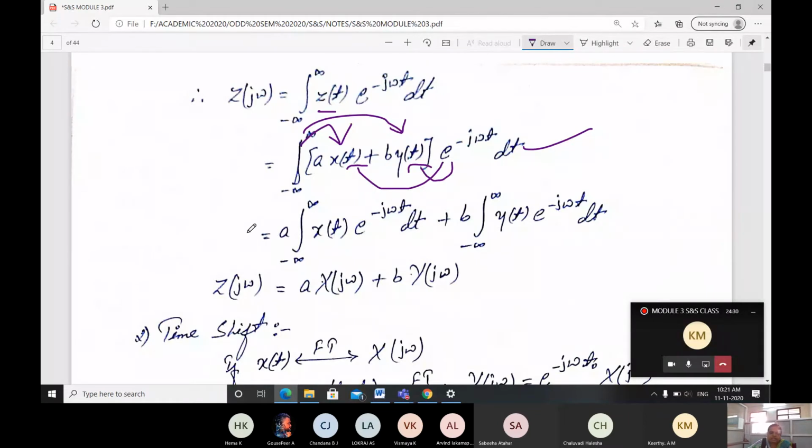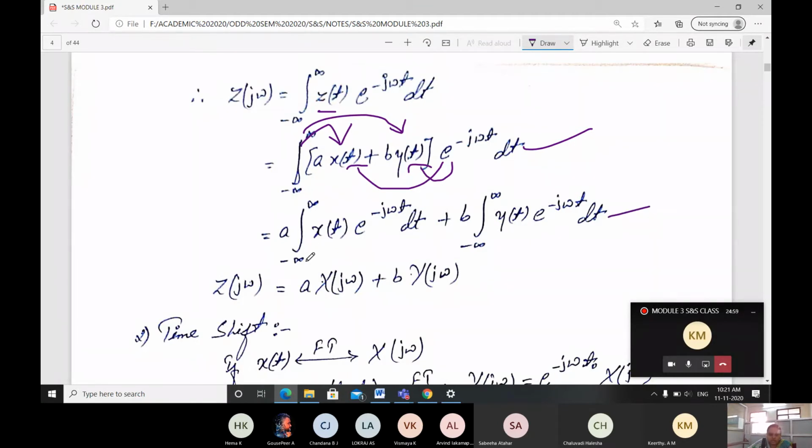Therefore, that is equal to a into integration from minus infinity to plus infinity x of t e raised to minus j omega t dt, plus b into integration from minus infinity to plus infinity y of t e raised to minus j omega t dt.